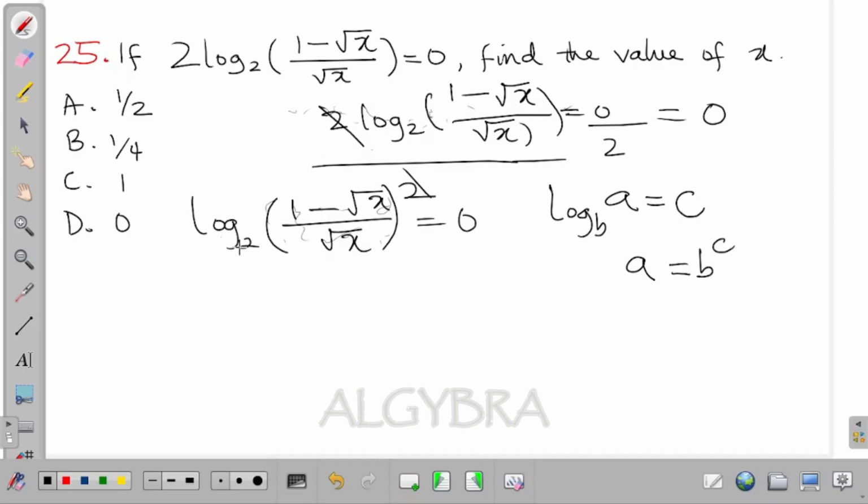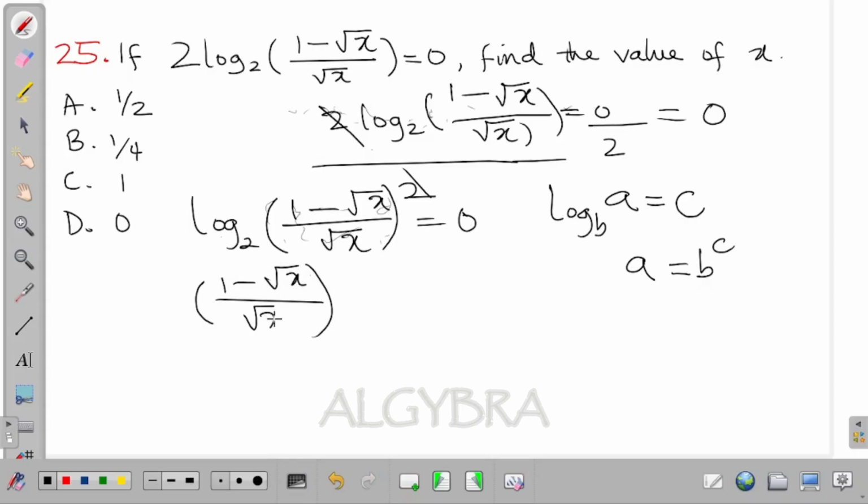So we're going to convert this logarithmic equation into index notation. In this case, b is 2, a is (1 minus square root of x) all divided by square root of x, and c is 0.